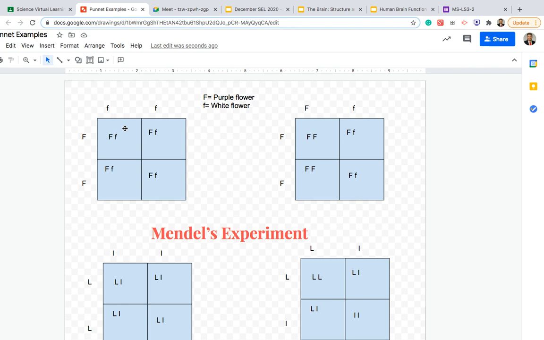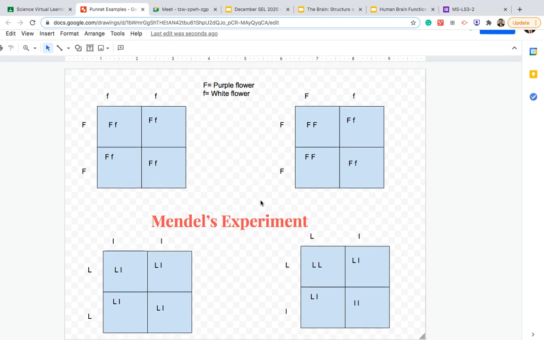It means that one will have a purple flower. So we have one capital F, another capital F, another capital F, and another capital F. So 4 out of our 4 boxes have capital Fs in them, meaning 4 out of 4, or 100%, will be born with purple flowers.